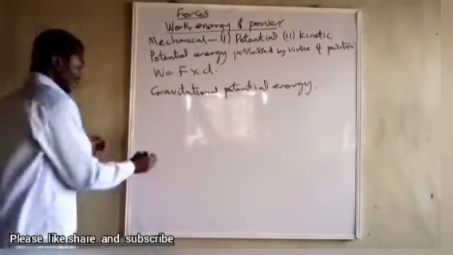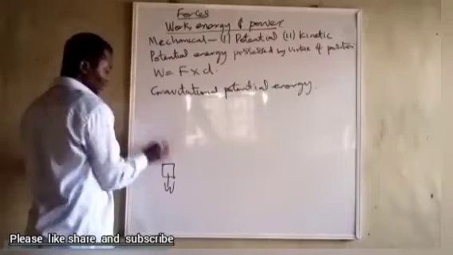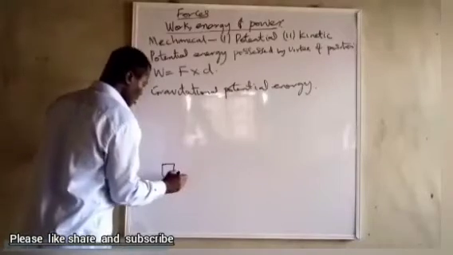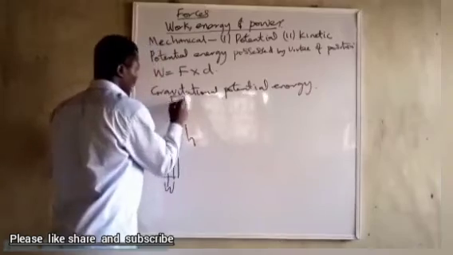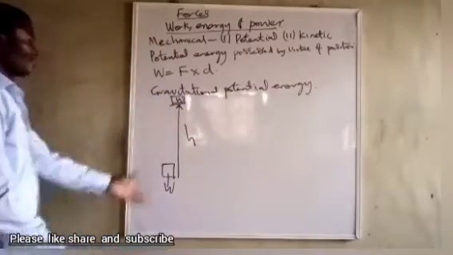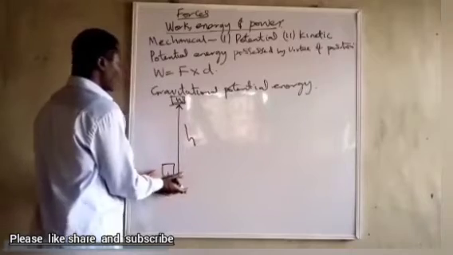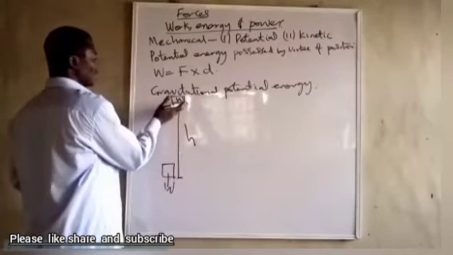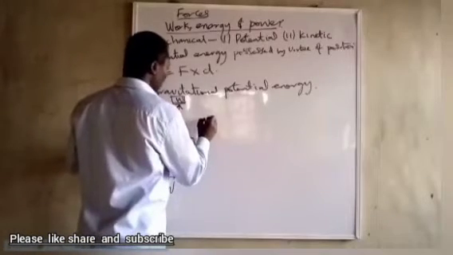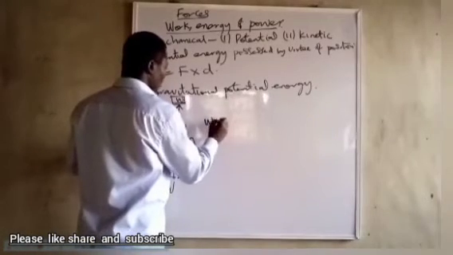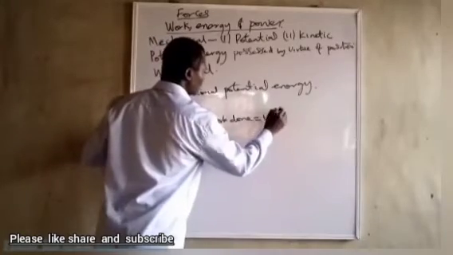In this instance, a body of weight W, because under this condition this force is not changing, is moved through a distance h. At this height, the force W has been worked on to move to h, which means that work done will be equal to Wh.